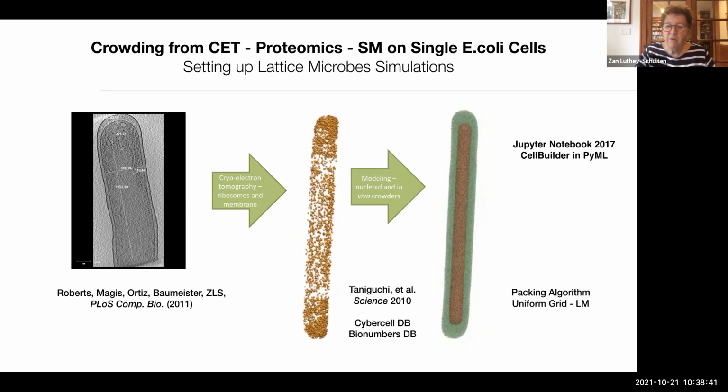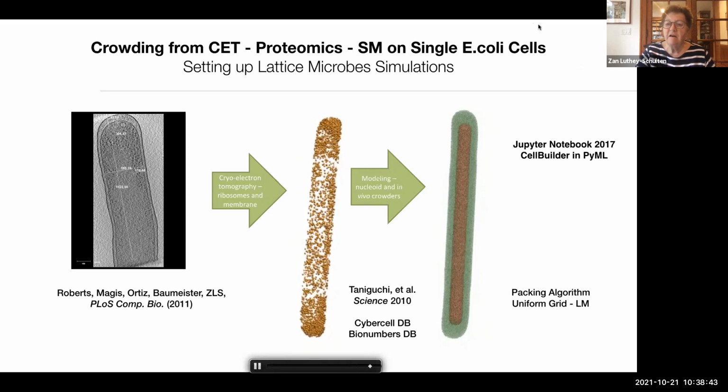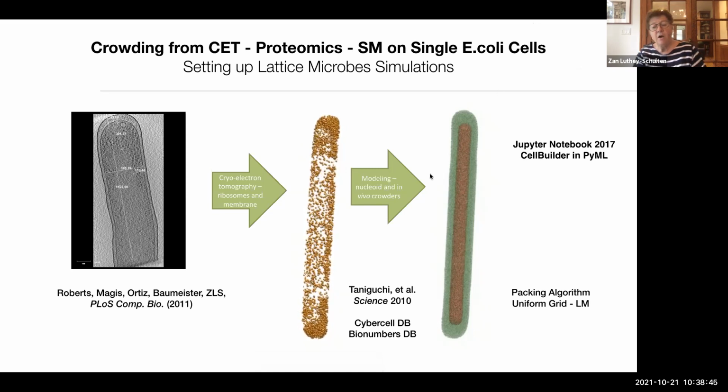And then we have an algorithm that places the proteomics in there, all right? So this is a packing algorithm called, I think, CBuilder, and it is written in Python to help you do that, to set up the system, starting with placing the big guys first and then the smaller particles.